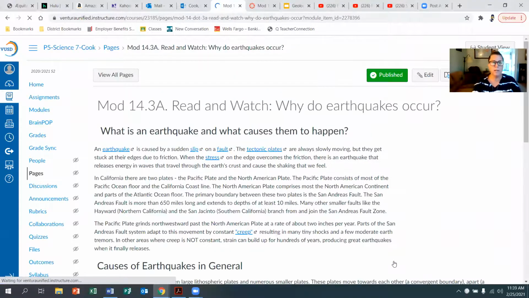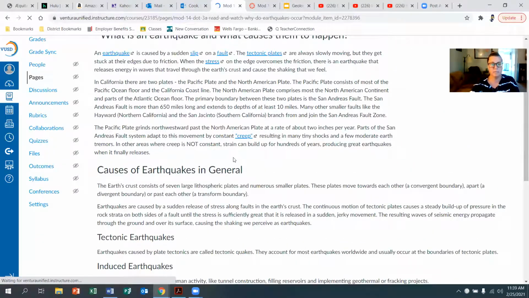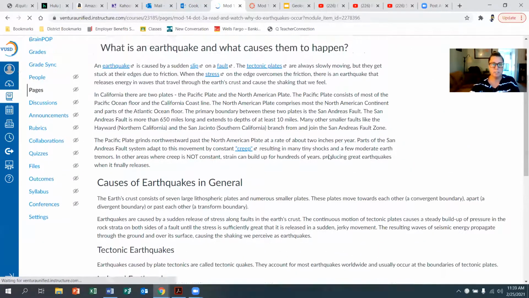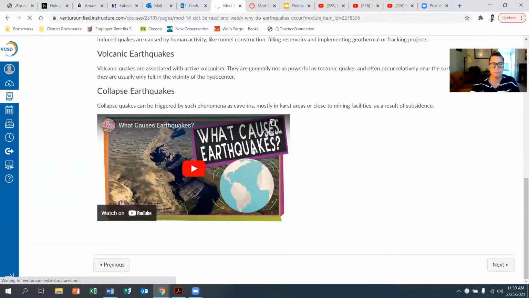Then after you guys do that, you will then watch and read about earthquakes. So it talks about the different types of earthquakes. It talks about plate tectonics, which we've already spoken about with Alfred Wegener, right? And we'll talk about that a little bit more in the slideshow. The different types of earthquakes and a little video that goes with it.